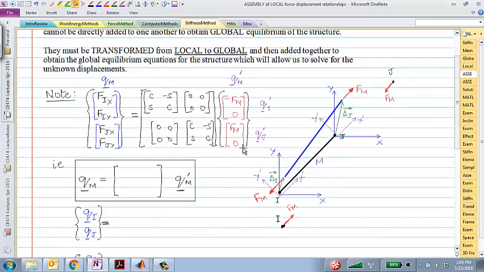And yet again, a short way of expressing this is a transformation matrix, this is a 0 matrix, this 0 matrix, and this is a transformation matrix. So this guy was T, this is 0, and 0 and T. So all that we have done here is come up with a way to convert local force vectors to global force vectors. And note that there is prime here because that's in local and no prime here because that's global.